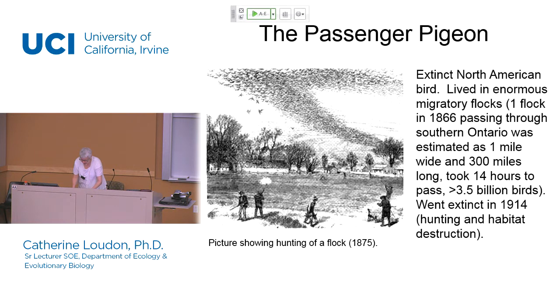In fact, they were one of the most abundant bird species on the entire planet during the 19th century. They were hunted for food, for sport, and used for feathers, for feather beds, and so on. Nobody believed that these incredibly common birds would ever go extinct, and yet they did. The last bird, a female named Martha, died in the Cincinnati Zoo in 1914 and is apparently now stuffed and available in the Smithsonian. That was the last individual of this species.